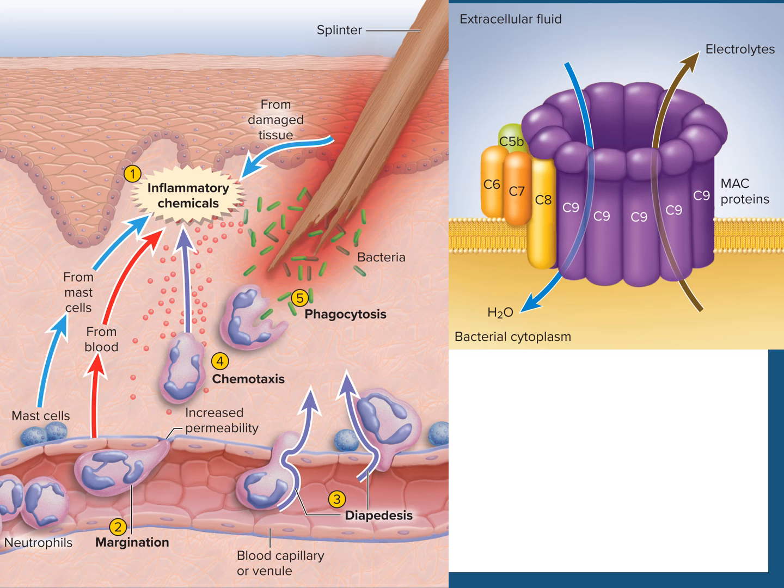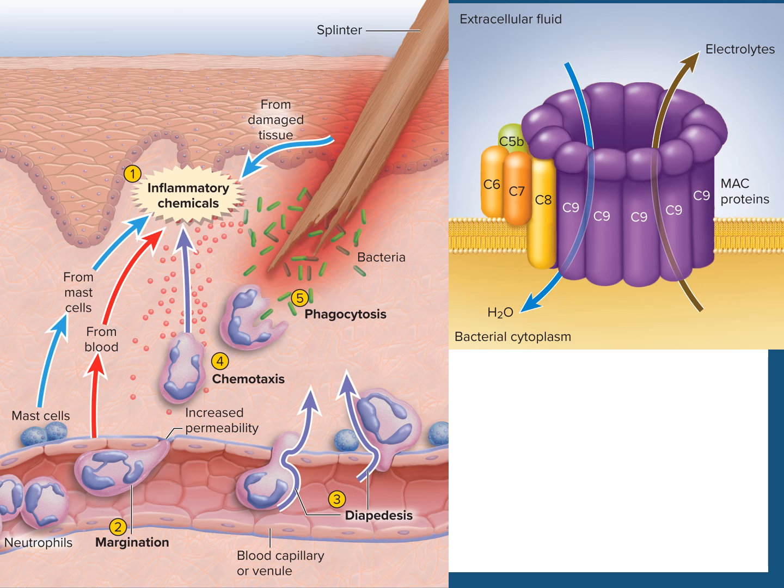The microbial cells will be coated or flagged with a marker, and that will serve as a binding site for the phagocyte to attach and then start to break down that pathogen. It's almost like it makes them more appetizing to the phagocytes.